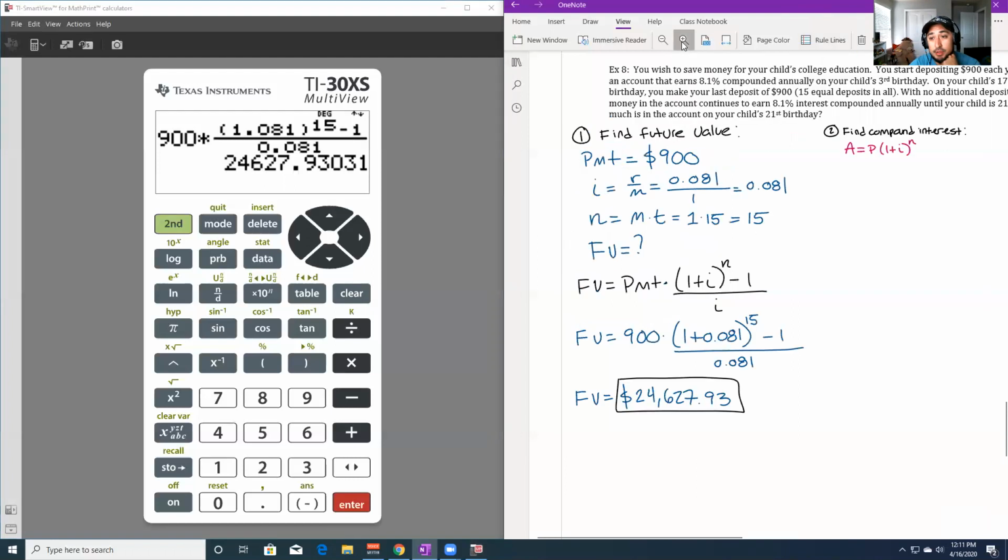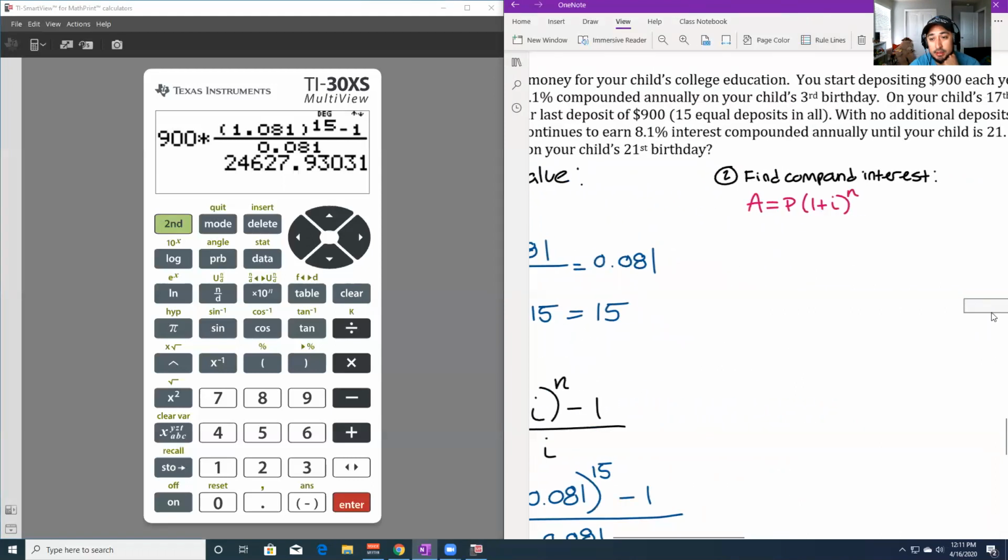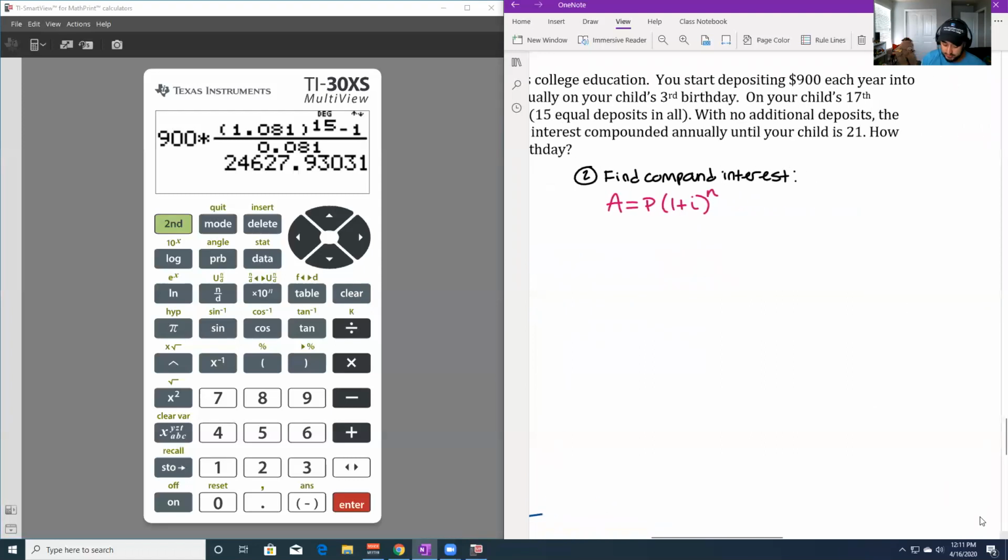Okay, so let me zoom in a bit. So again, we want to list all the pieces that we're using here. They're giving us the beginning amount, P, and the beginning amount is what we've ended up with, right? We made 24,627.93.